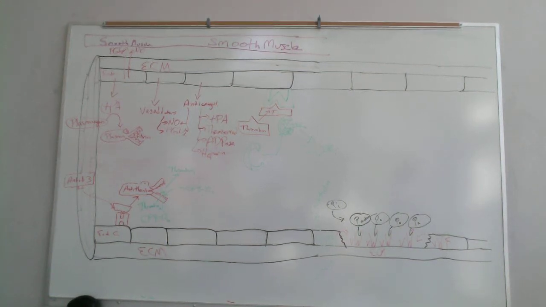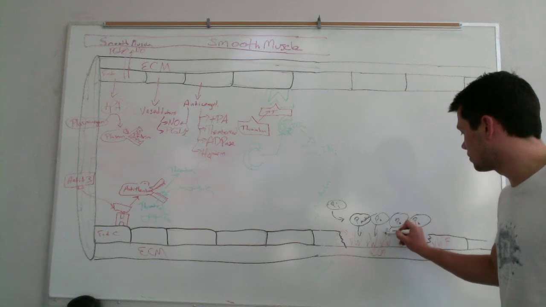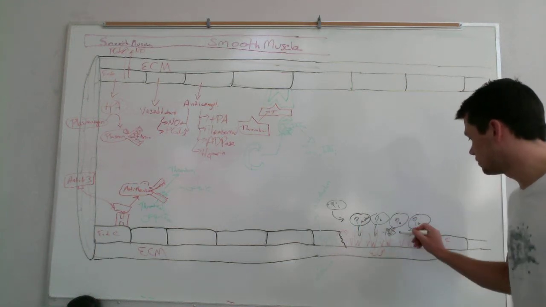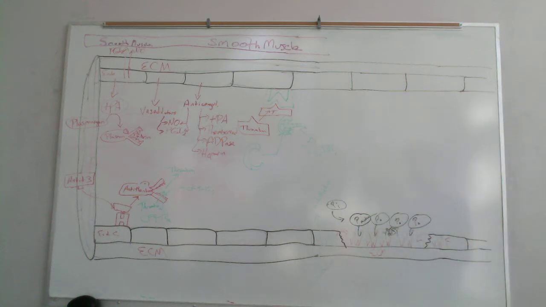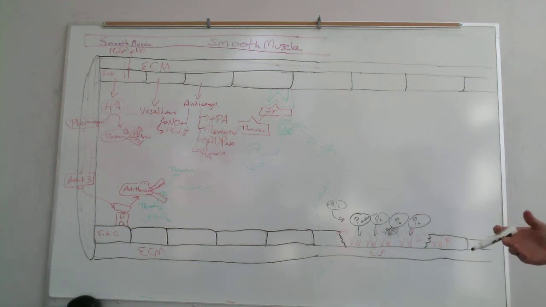The platelets come in, and the receptor that they use to bind to von Willebrand factor is called the glycoprotein 1b receptor. So these are your glycoprotein 1b receptors. When these glycoprotein 1b receptors bind to the von Willebrand factor, that's when your platelets truly become activated.